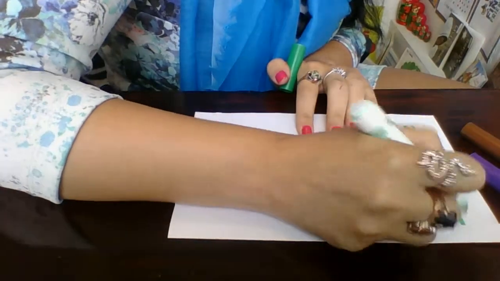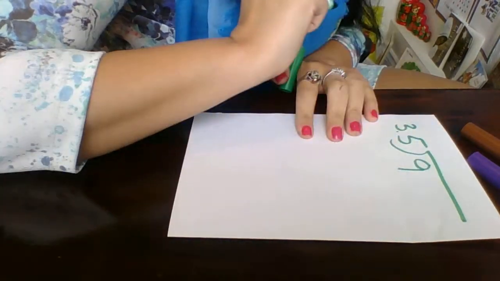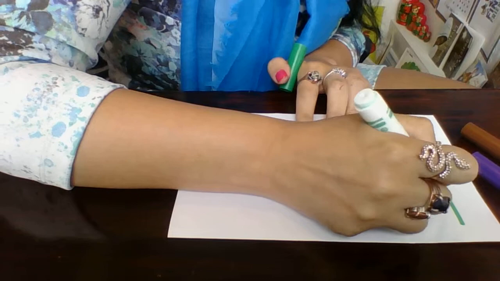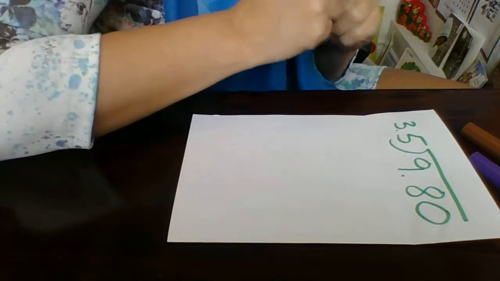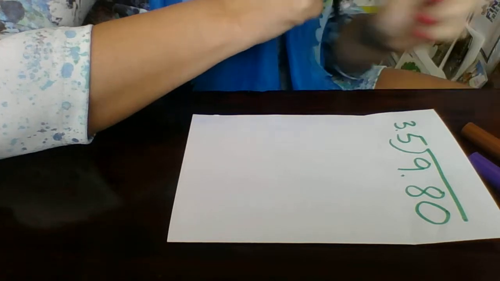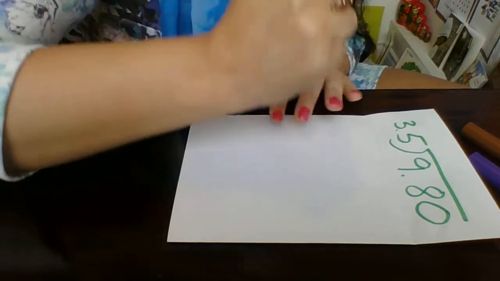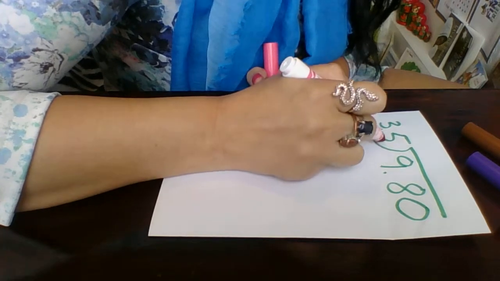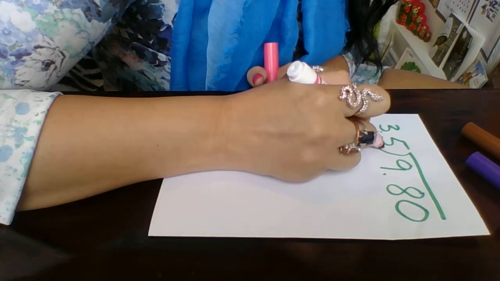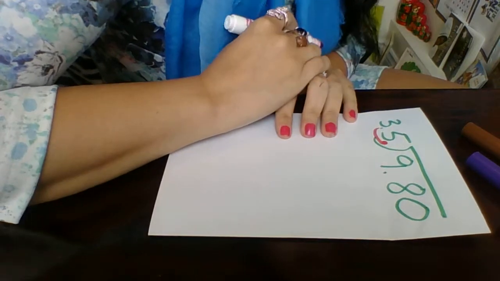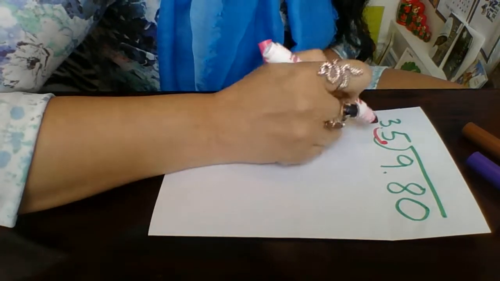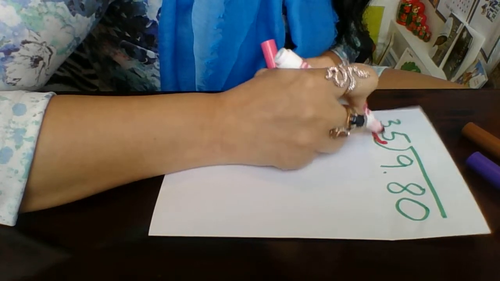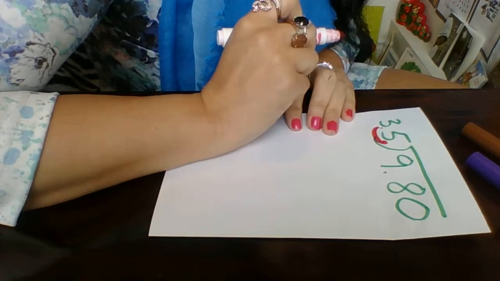3.5 divided into 9 decimal 8 0. My decimals are priority number 1. This decimal has to go here. Okay, done. I put it there. What did I have to do? I had to scooch it over. How many times? 1 time.